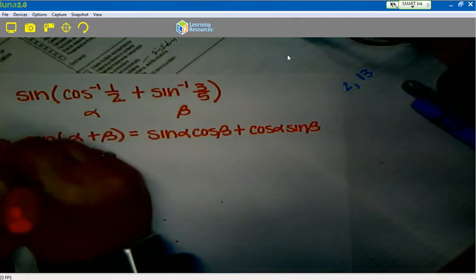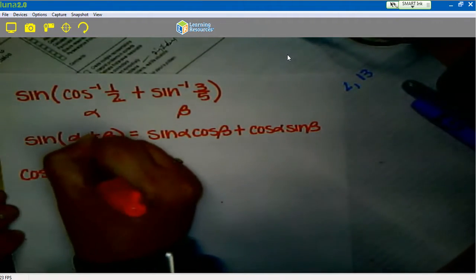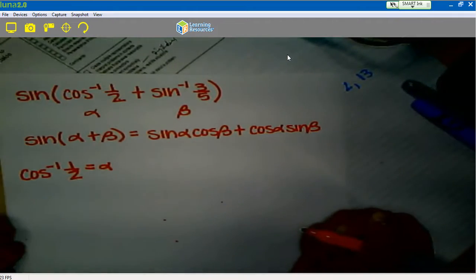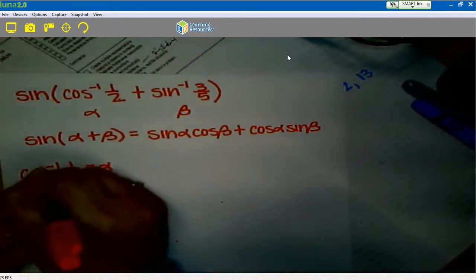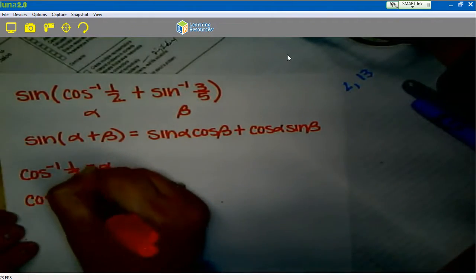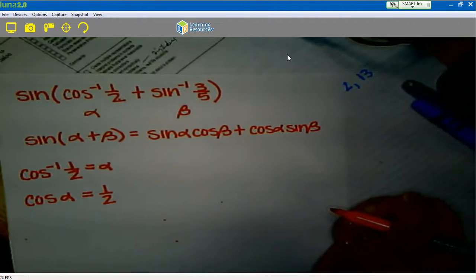Okay, so what we're saying is that the inverse cosine of 1/2 is equal to alpha. What does that really mean? It means that the cosine of alpha is equal to 1/2. So how can we get the sine of alpha?